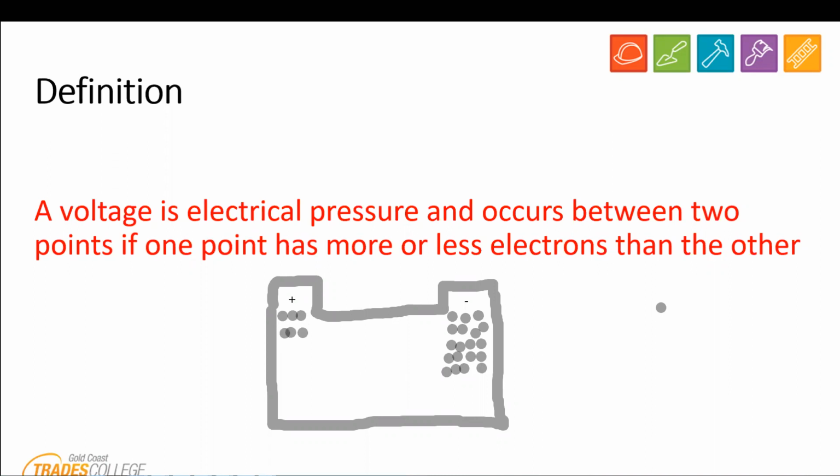Now, if you've got more on one side, let's double check our definition in red. Anything in red, I want you to write down so we've got it and can always go back to it. Electrical pressure occurs between 2 points. These are our 2 points. If I had a voltmeter here, which I can draw there, that would be our V for voltmeter.